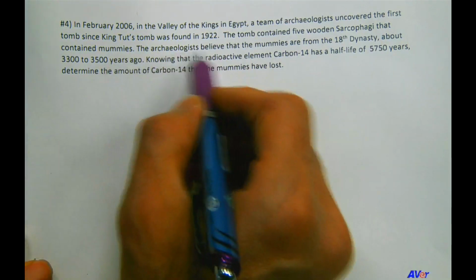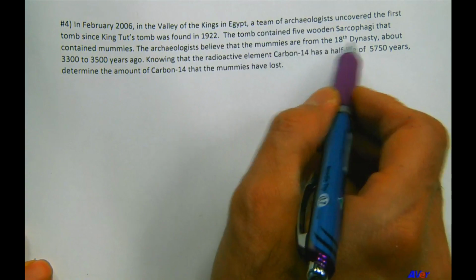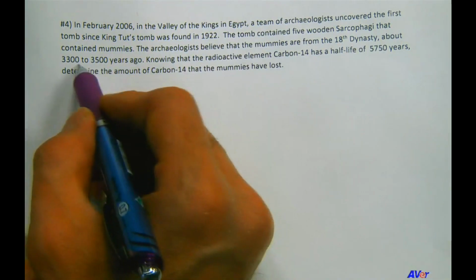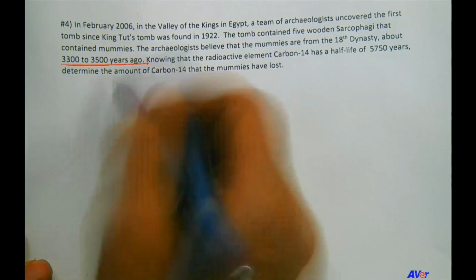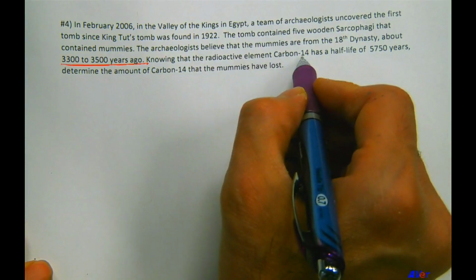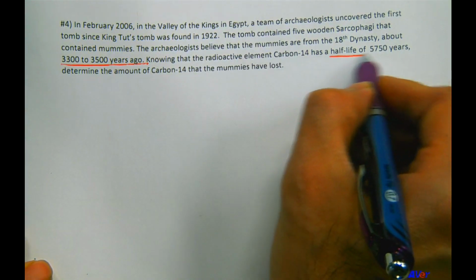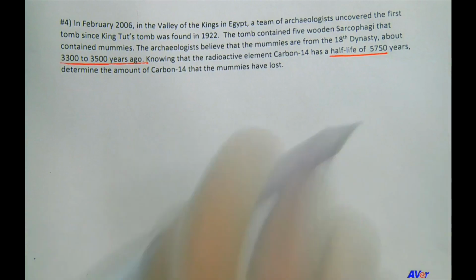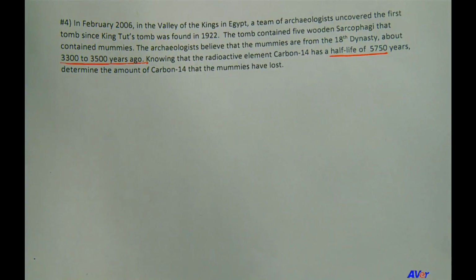The archaeologists believe that the mummies are from the 18th dynasty, about 1300 to, that's important, 1300 to 3500 years ago. Knowing that the radioactive element carbon-14 has a half-life of 5,750 years. What does that mean? That means suppose there was 1 gram of carbon-14 5,750 years ago somewhere.